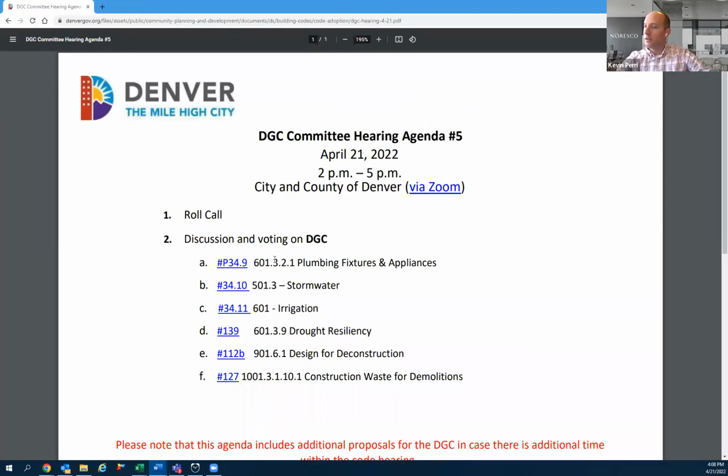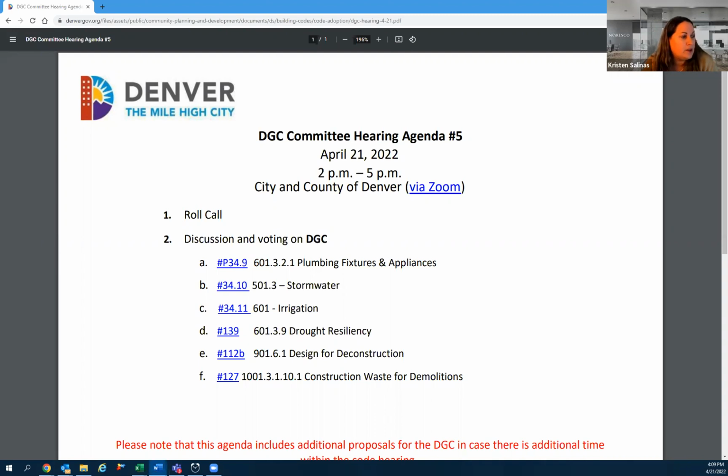And that brings us to the next item of business, which is 112B. Kristen, I believe this one's yours again. Why don't you give us a summary while I pull it up? Okay, so in a previous code hearing, we heard 112A, which was the dwelling unit deconstruction proposal. And this is the second component of that, really focusing on designing for that deconstruction, so in the future the deconstruction process won't be as challenging.